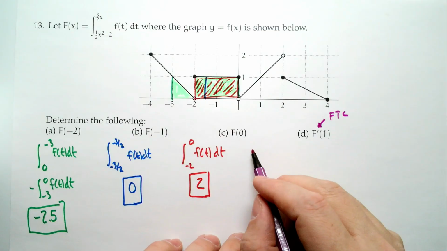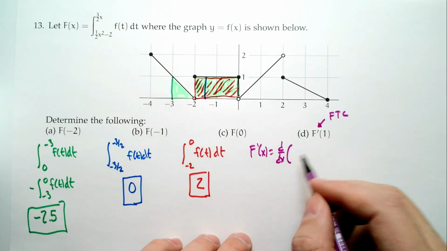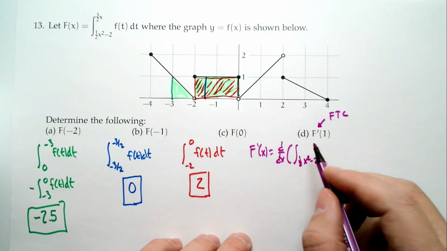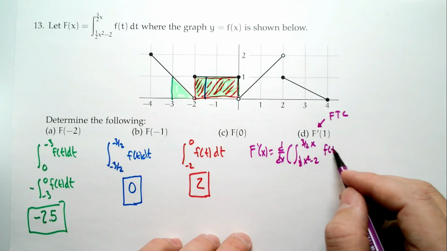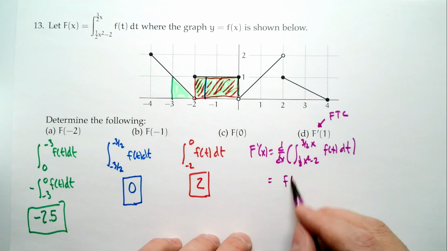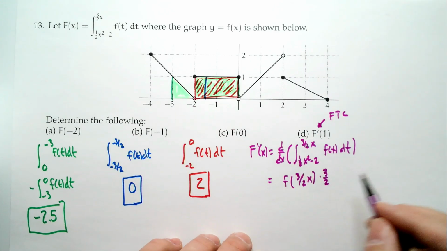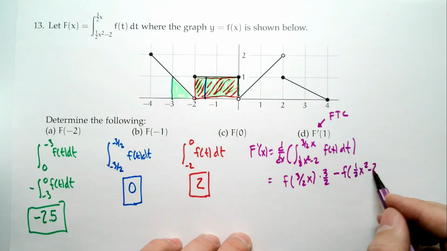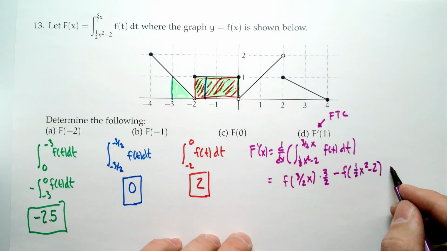So f prime of x, which is the derivative with respect to x of the integral from 1/2 x squared minus 2 to 3/2 x of f of t dt, is equal to f of 3/2 x times the derivative of 3/2 x, which is 3/2, minus f of 1/2 x squared minus 2 times the derivative of 1/2 x squared minus 2, which is x.